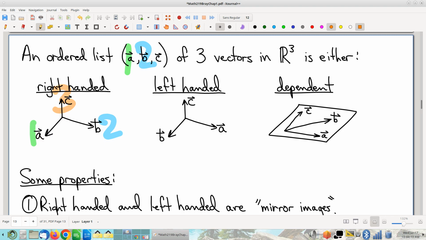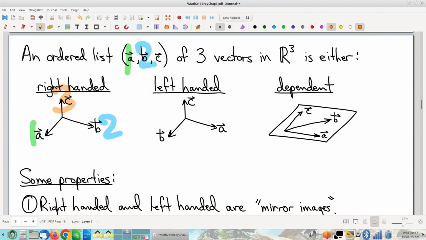You put your index finger in the direction of that first vector. So you see I have my index finger pointing in the direction of A. By the way, you need to point your index finger parallel to your palm as you do so. So you can't do this, none of this. Right? So index finger parallel to your palm, and it has to stay parallel to your palm.